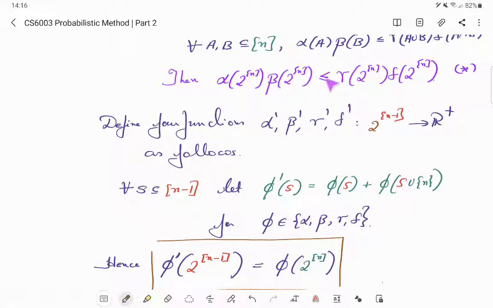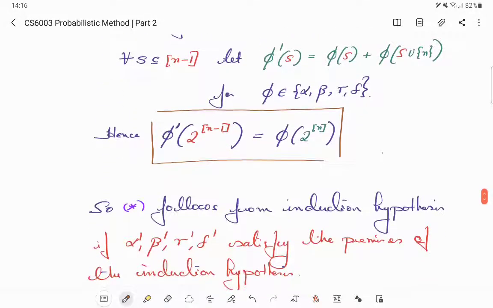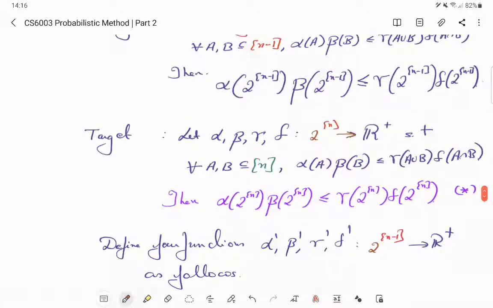Each of these 2 to the power n, I can replace with 2 to the power n minus 1, and each alpha, beta, gamma, delta, I'll replace with alpha prime, beta prime, gamma prime. Hence I would get this conclusion, provided I have a similar conclusion for the primed functions with 2 to the power n minus 1.